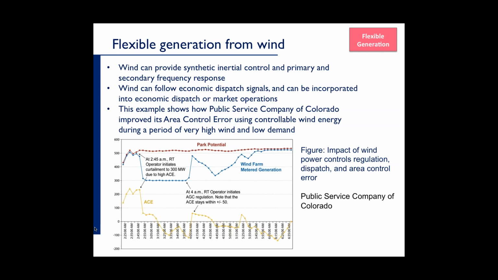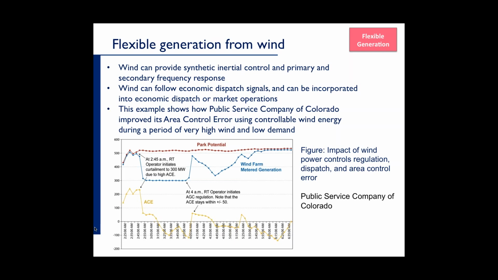It shows the potential of this particular wind farm or wind park. And this is a particularly windy night. And so with all of the turbines generating, or nearly all of them, you could get just over 500 megawatts of generation out of the wind turbines. Now what happened is the operator came in on the night shift and took a look at what we call the area control error, which is abbreviated ACE, and you can see the yellow trace on the graph.